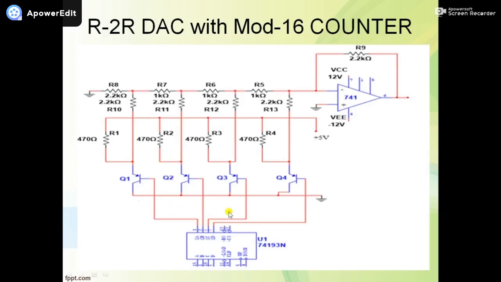In this case, in between the inverting amplifier and the 74193 IC, we are using CK100 PNP transistors. And all these transistors are used as a switch, an on and off switch.